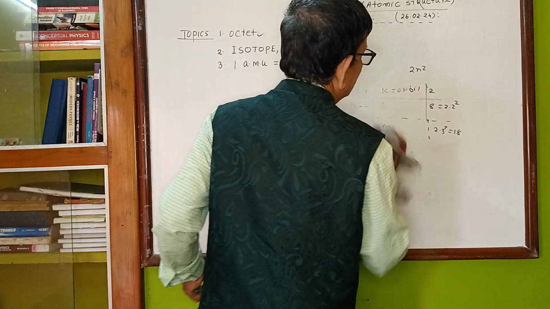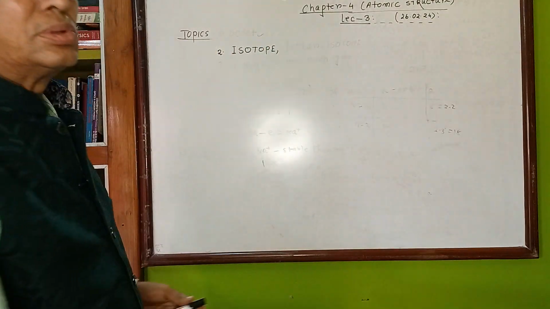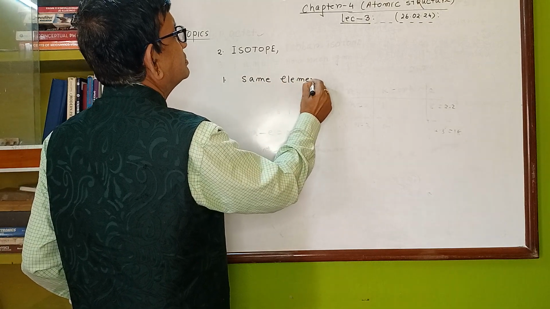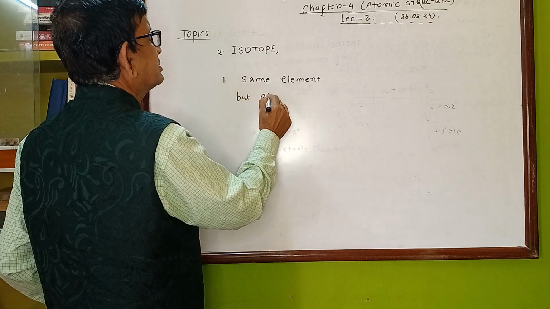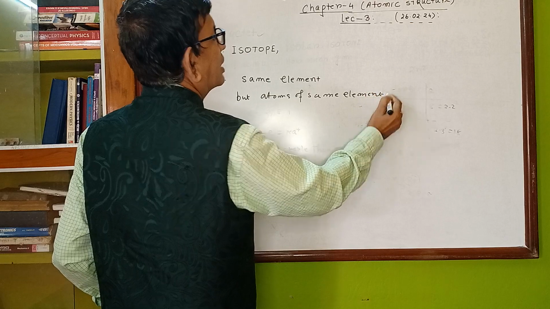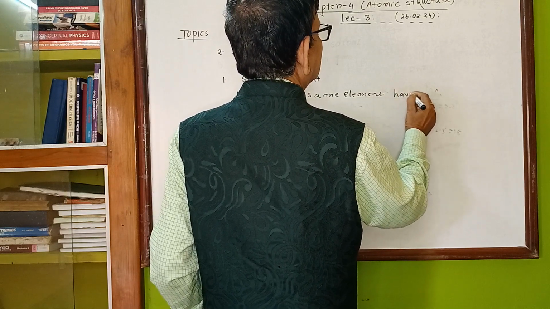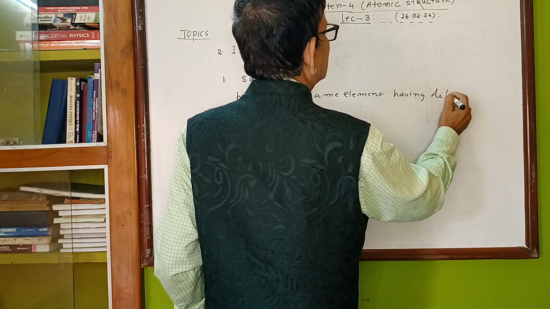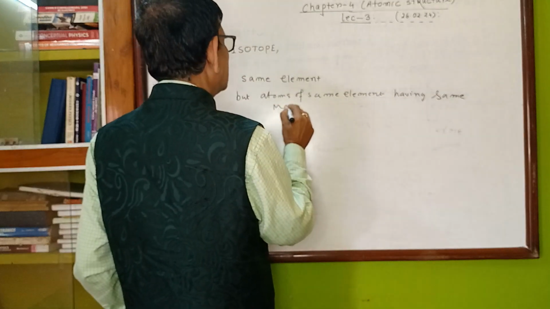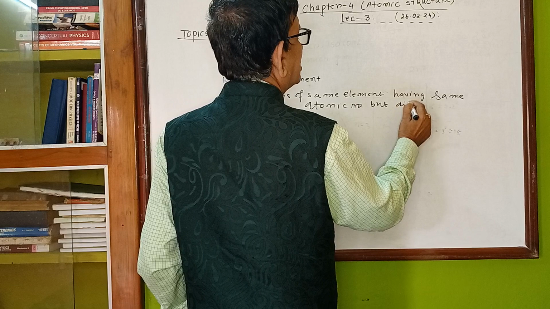What is an isotope? I have discussed the octet, now I am discussing isotopes. Isotopes are atoms of the same element having the same atomic number but different mass number.